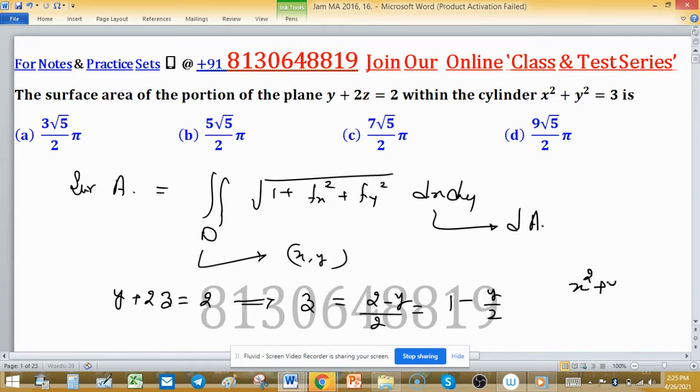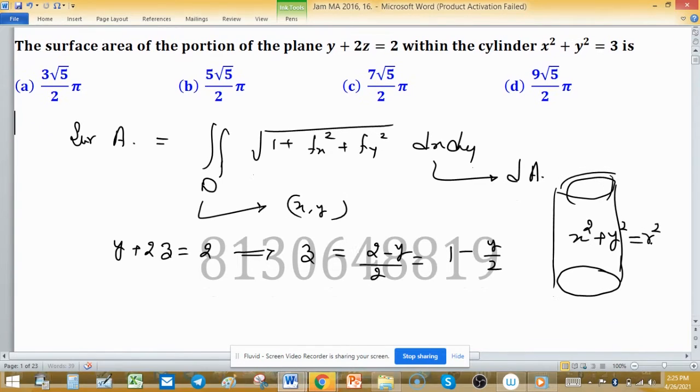Equation of cylinder in 3D: x square plus y square is r square. This is normally the equation of a disk or circle. But when we are talking about this in 3D, these points make a cylinder.